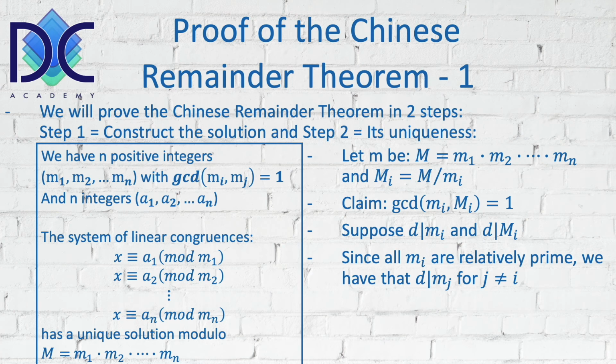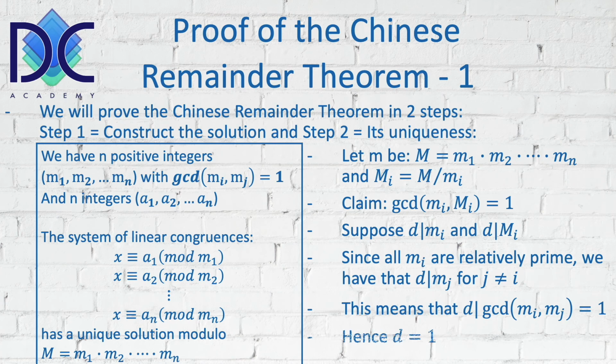We have that for j not equal to i, d divides the greatest common divisor of mi and mj, which is equal to 1, because all those moduli are relatively prime. So basically this is the only possibility that we can have. The GCD is always equal to 1, d divides the GCD. So it means that d is equal to 1.